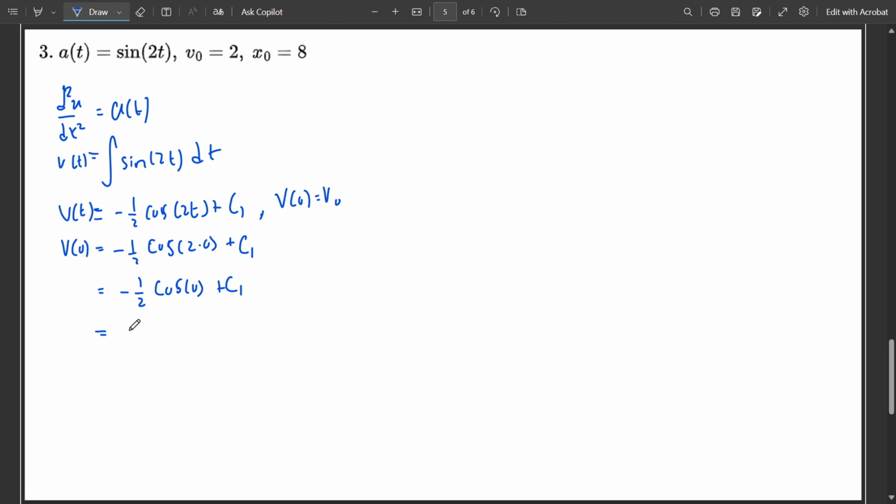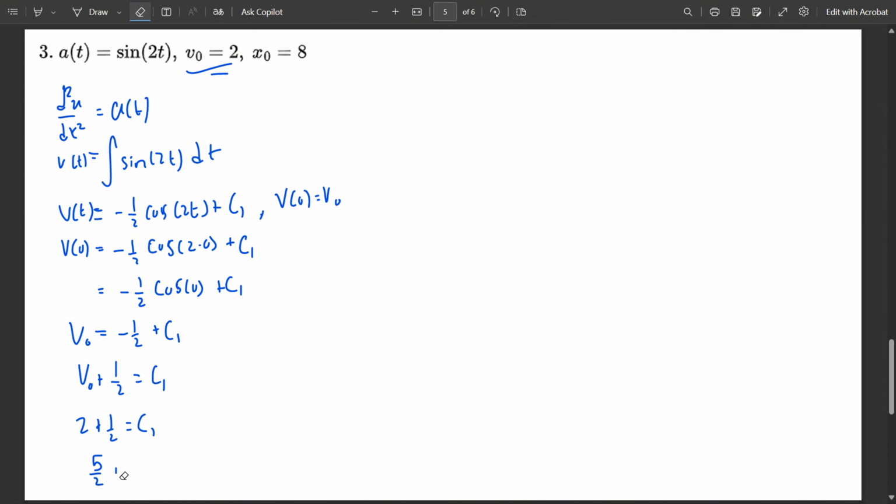Cosine of 0 is just 1, so negative 1 over 2 plus c1. V of 0 is v initial. We have v initial plus 1 over 2 equals c1. Our v initial here is 2, so we have 2 plus 1 over 2 equals our c1. 2 times 2 is 4, so 5 over 2 is equal to our c1.